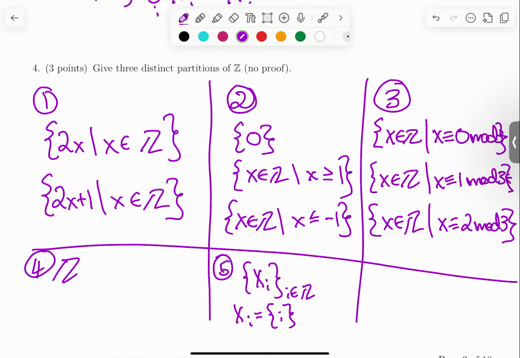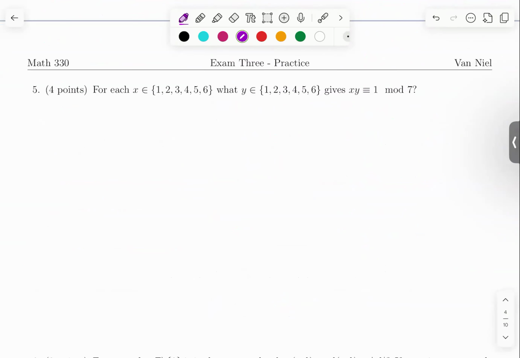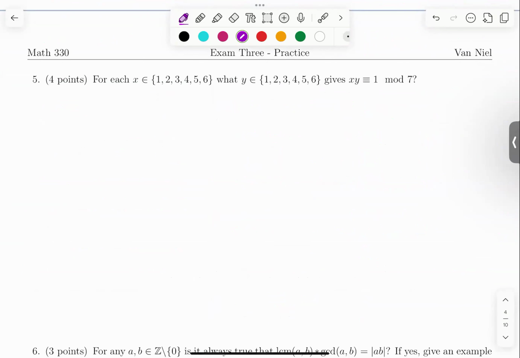What else could you do? You could do some sort of combination of these things, like you could do the positive evens, negative evens, 0, and then all the odds. Right? All right. Anyway.